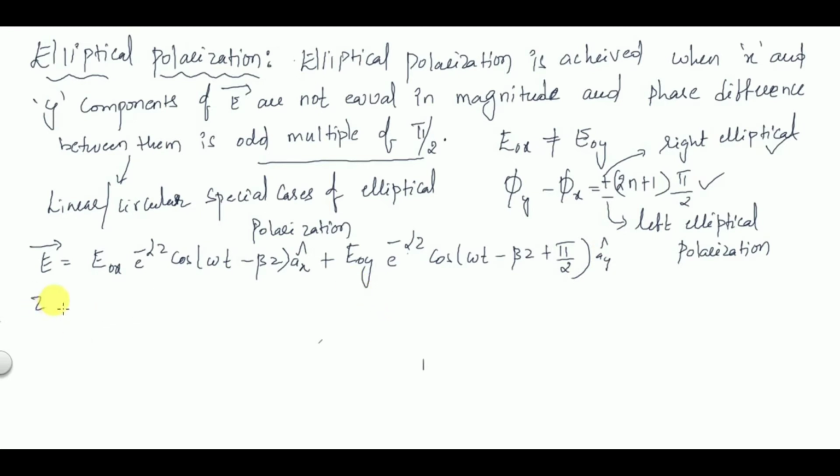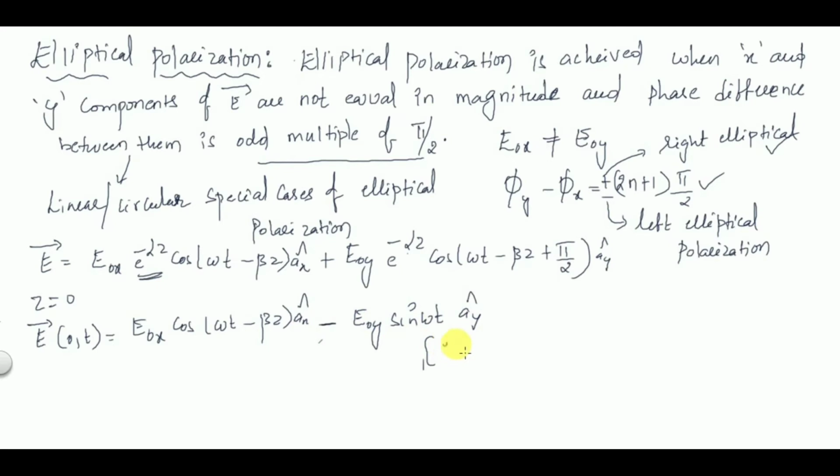For simplicity, z is equal to 0, so E of 0 comma t is EOX, so this will be 1, cos of omega t ax cap plus EOY into cos of pi by 2 plus omega t, so you'll get a minus sign, so I'll write directly here, minus EOY into sine of omega t ay cap.